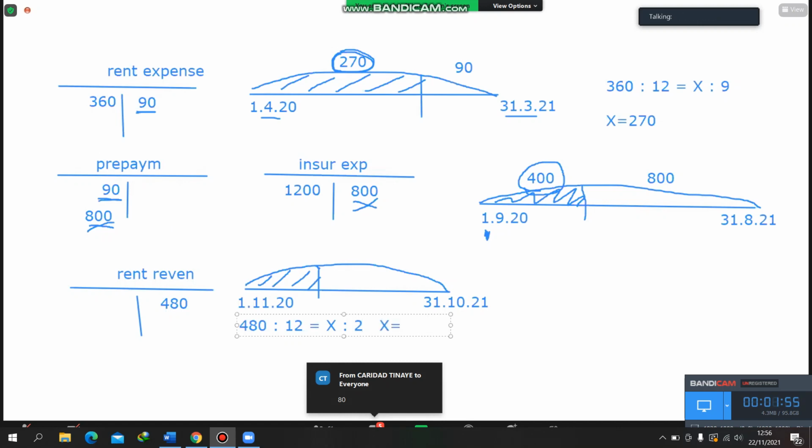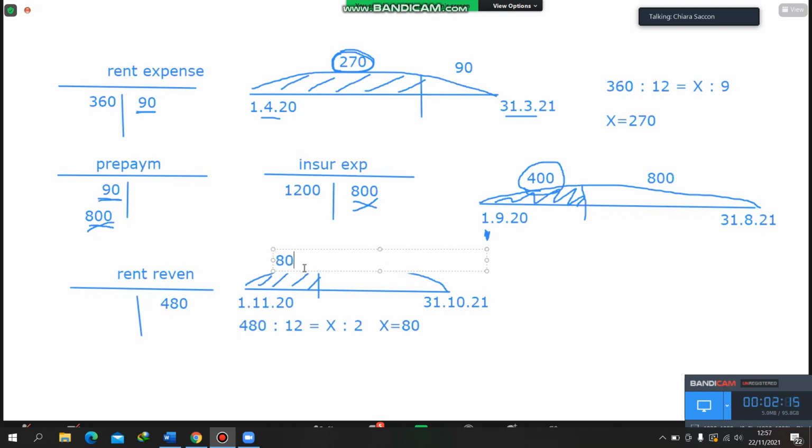X. If I'm not wrong, it is 40 per month, so 80. Is it okay? Is it 80? Okay, thank you. So 80 is the part of this year, and the remaining 400 is next year.